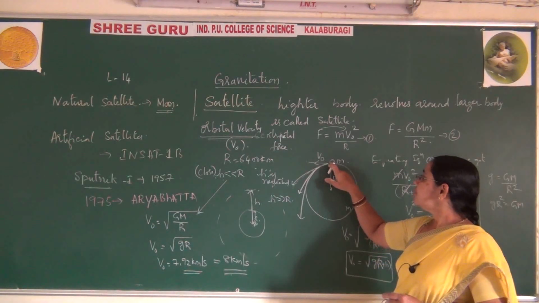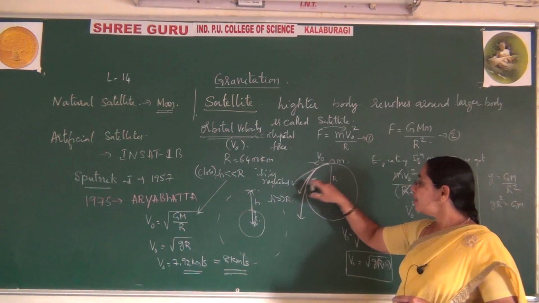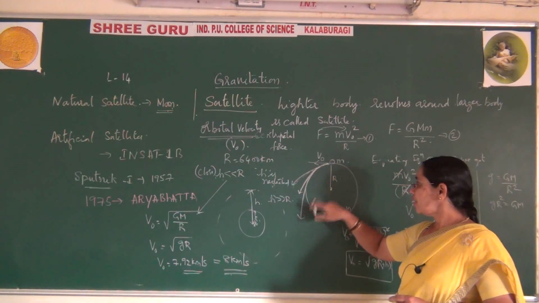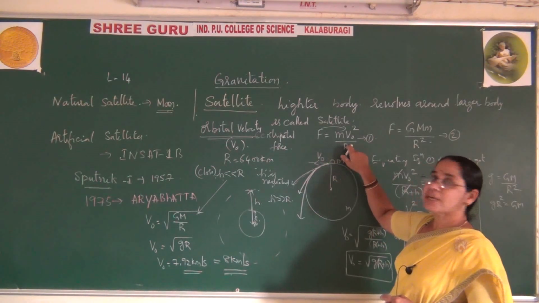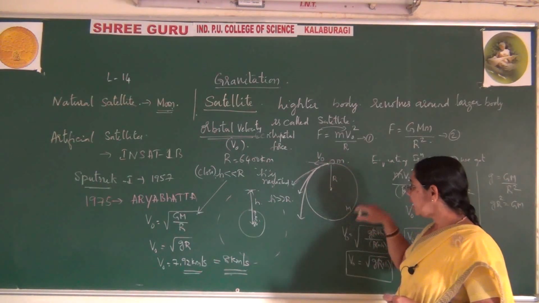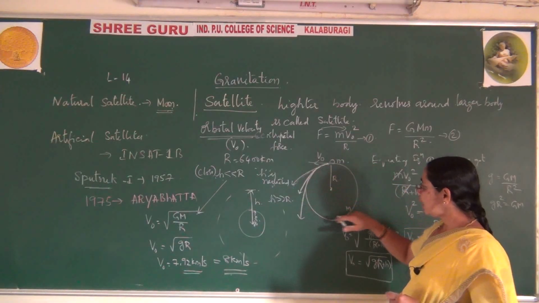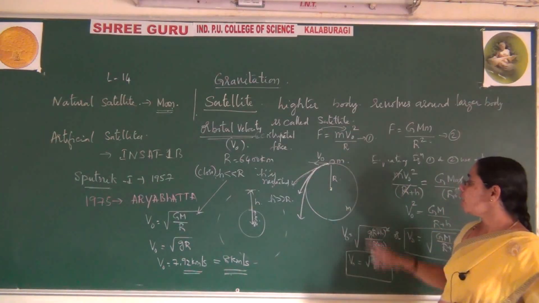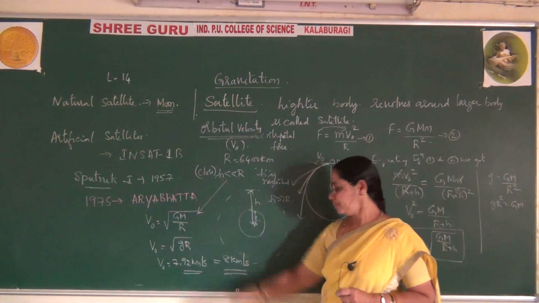By chance, if the velocity is large, it would have escaped. That is not happening here, because both are balanced together, hence it will be moving in a circular motion. Hence the satellite will be moving around the Earth in an orbit, and that is called orbital velocity.